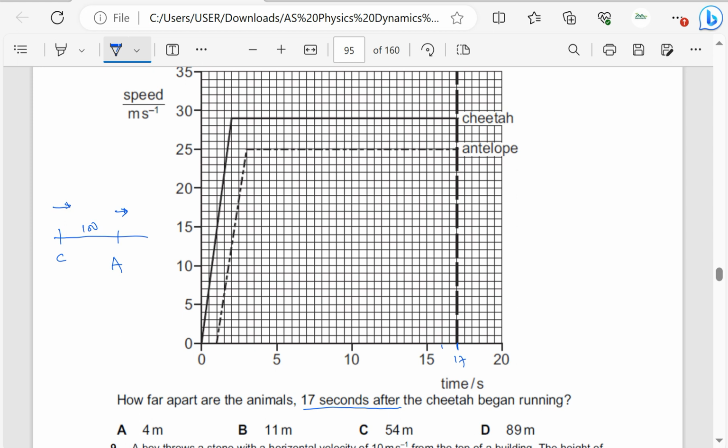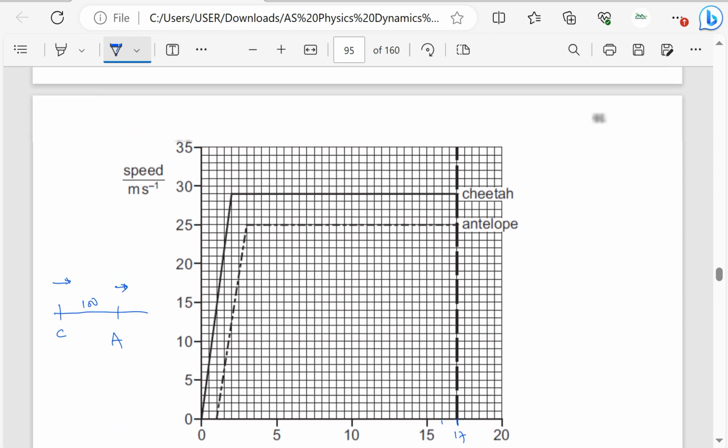First of all, we shall find the distance moved by the cheetah by finding the area under the graph. I'll use DC for the cheetah. This is a trapezium.